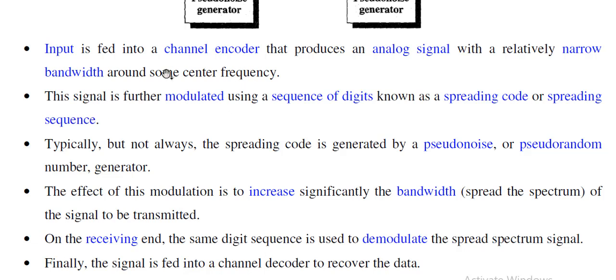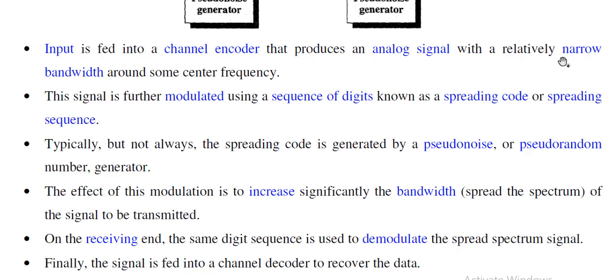So the signal now is modulated using a different code or a different sequence of digits using a pseudo noise generator. This generator will generate codes for channels, and we will modulate the first signal using this pseudo noise generator to produce another signal in different channels. So the effect of modulation, of course, will increase the first bandwidth.